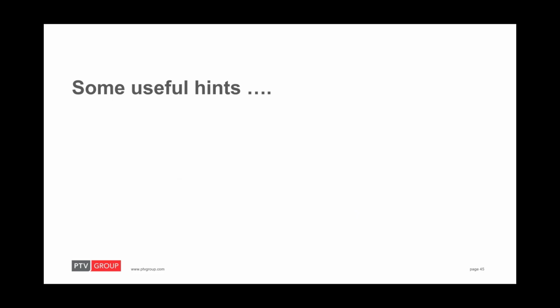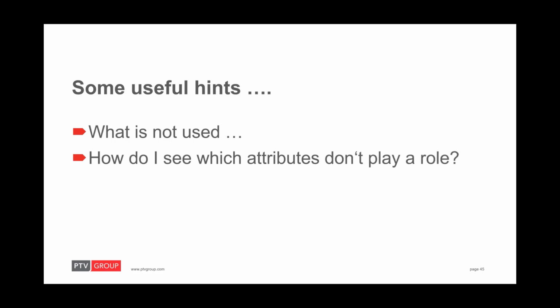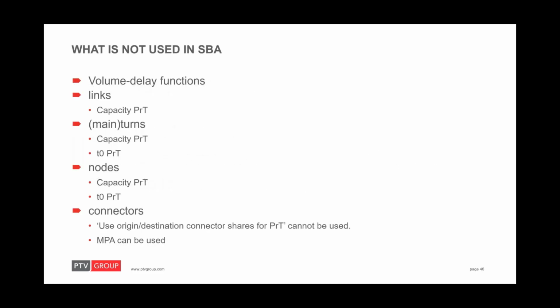Then some useful hints. What is not used in simulation-based assignment? And how do you see which attributes don't play a role? Then conflict between lane turns. So what is not used in simulation-based assignment? We don't use volume delay functions.